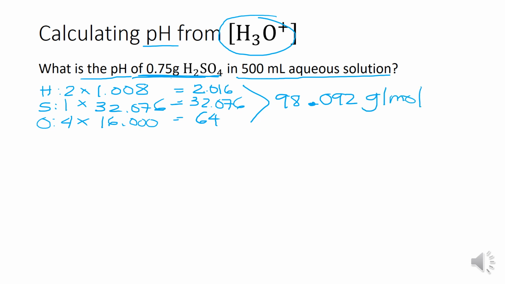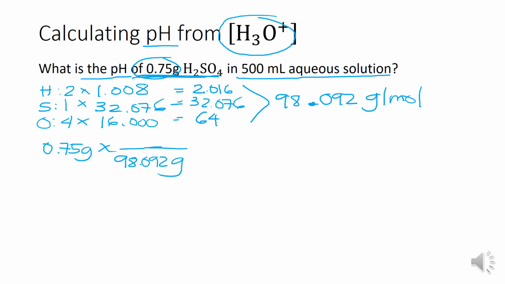Now again, what we're given is the mass of sulfuric acid in grams, so let's start with that. We have 0.75 grams of sulfuric acid. Let's do stoichiometry: multiply that by the reciprocal of the molar mass, so 1 mole per 98.092 grams.